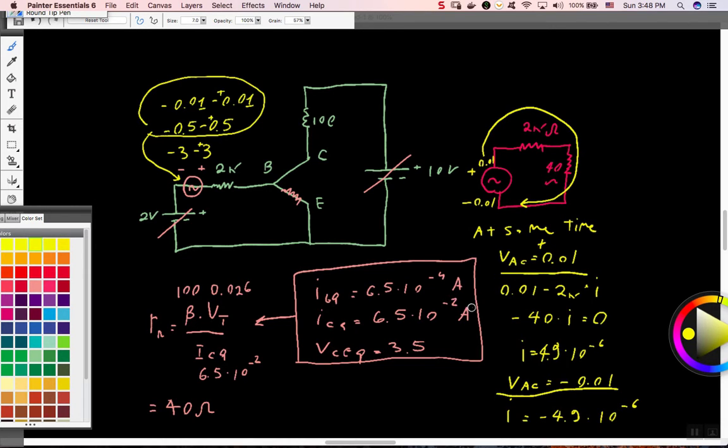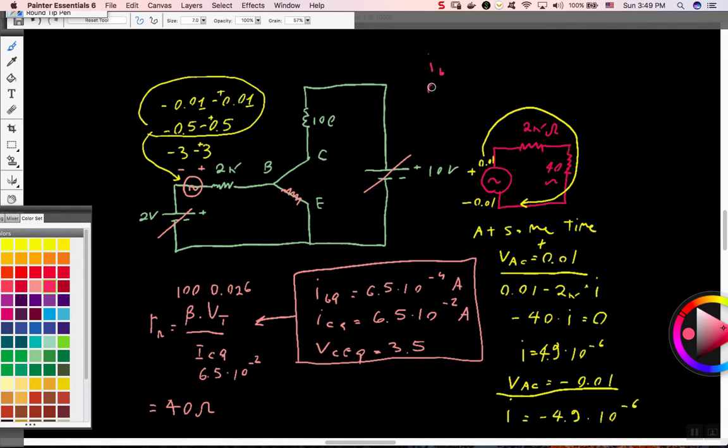Now what is this current? Sorry. This current is the additional IB that the small signal contributes to the large signal. So what will be the final value of IB?